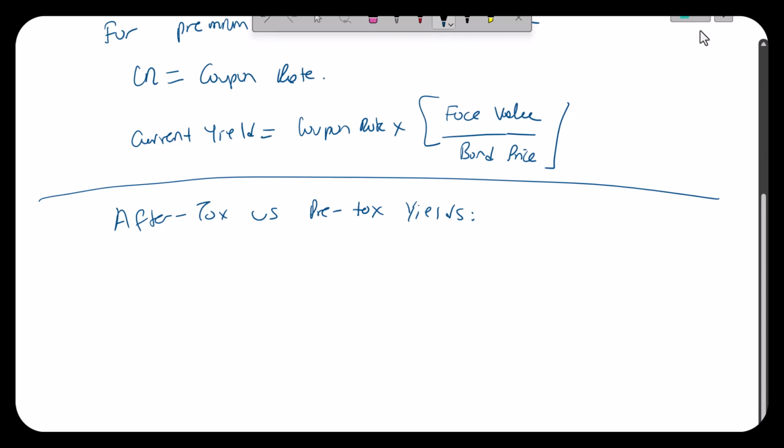The treasury bonds and corporate bonds are always subject to federal taxation. Whether or not they are subject to state income taxation, that varies by state. Certain states do not have an income tax. Florida, Texas, New Hampshire, among others. And certain states do.